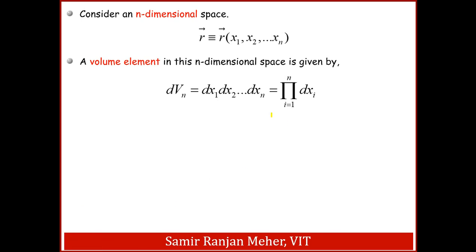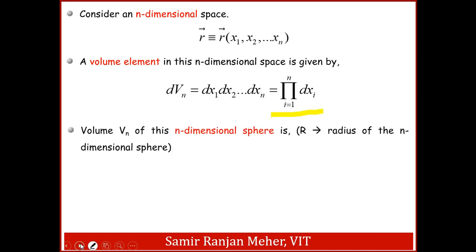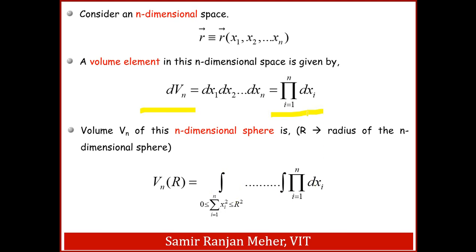So this can be written as the product of the general term dxi. The volume of this n-dimensional sphere can be obtained by integrating this small volume element over the complete region. So the volume can be given as the integration of this product of all the small elements dxi under the constraint 0 less than or equal to the sum of xi square less than or equal to r square, where r is the radius of the n-dimensional sphere.